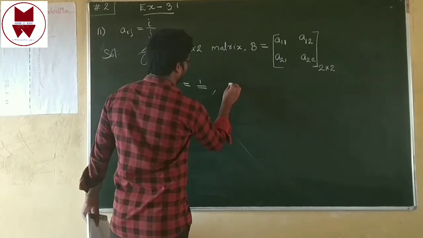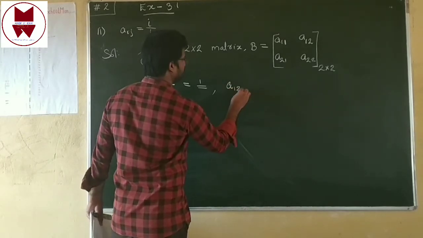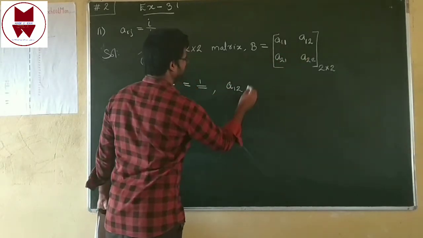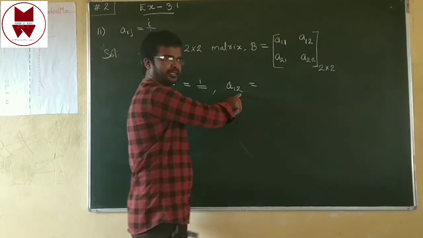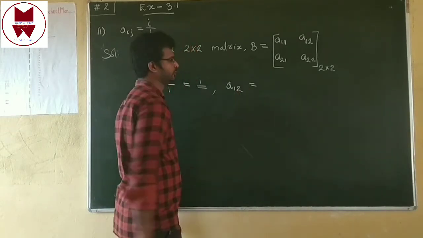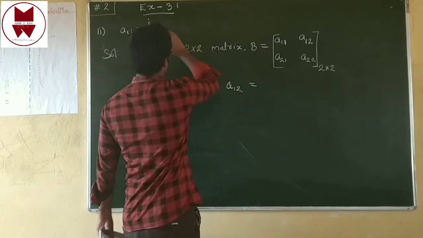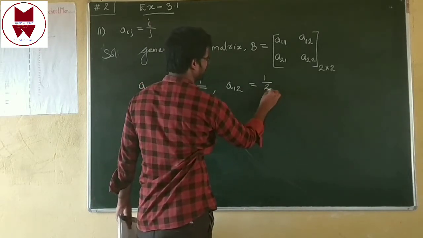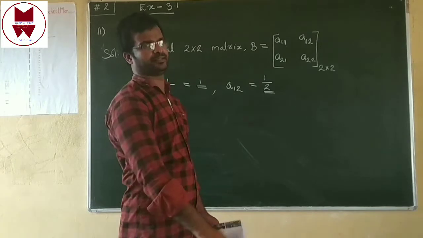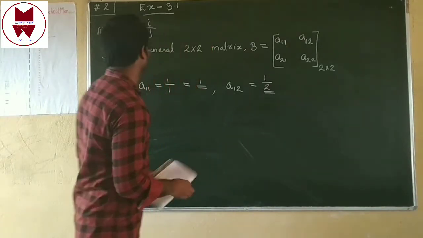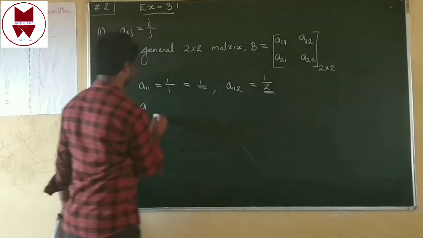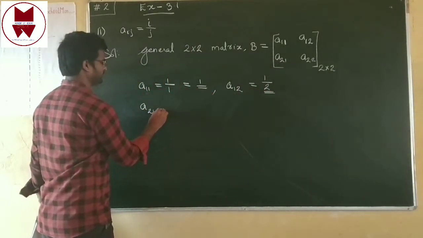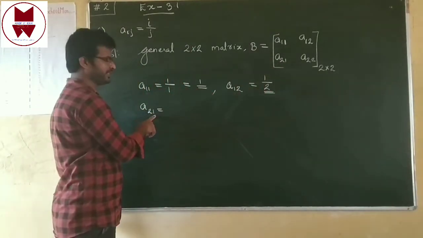Then next, A12, the second term. Here, what is I? I means 1, isn't it? Then J means the second number, that is 2. We can write I divided by J, that is 1 divided by 2. We cannot divide further, isn't it? That 1 by 2 is the answer. Then the next term is A21. Here I means 2, J means 1.